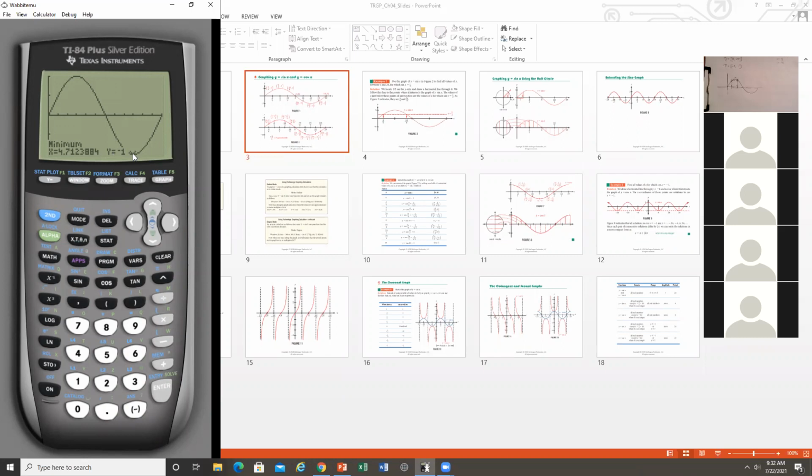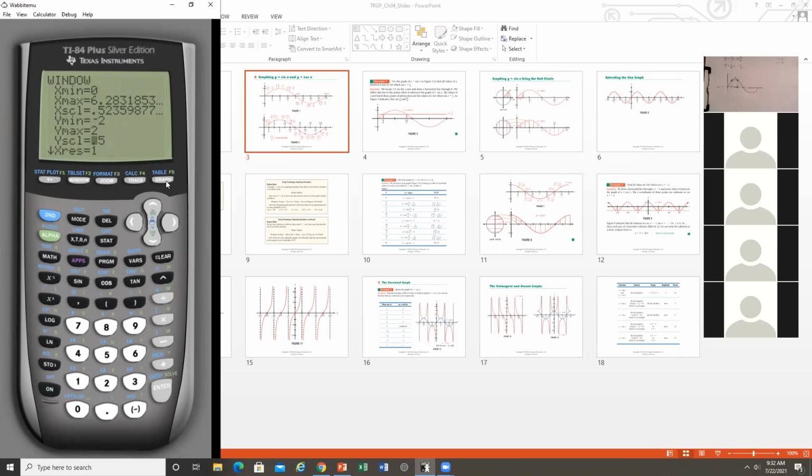Now we really can't see, ladies and gentlemen, this low point very well because I told my calculator to have the y-axis run from -1 to 1, but we can simply adjust this a little bit if we go to our window setting. Leave x alone, but have your y-axis go from like -2 to +2. That'll give us a little more breathing room as far as the vertical is concerned with the graph.